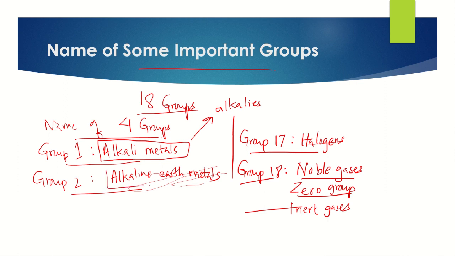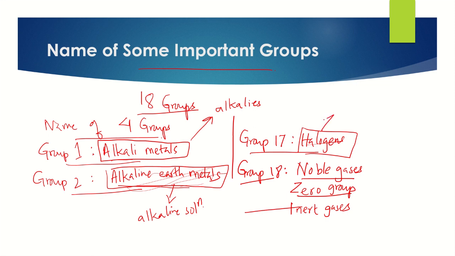And then we have alkaline earth metals. It's also because they form alkaline solutions when they react with water. Hence the name alkaline earth metals. And then when it comes to the halogen group, group number 17, the name comes from the Greek, meaning salt forming.